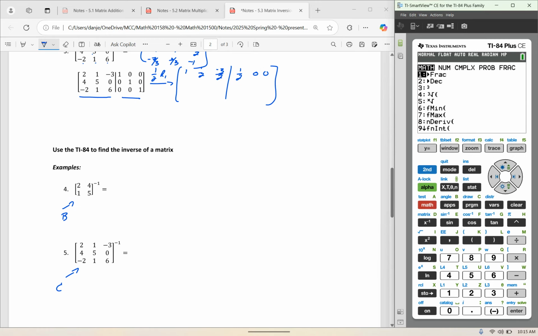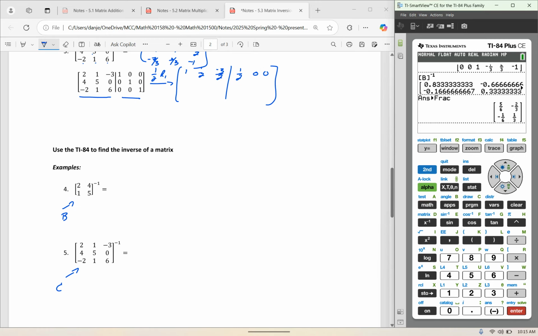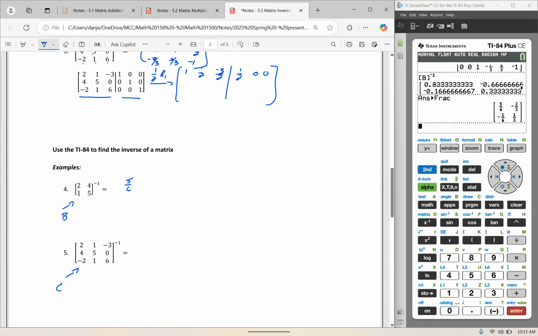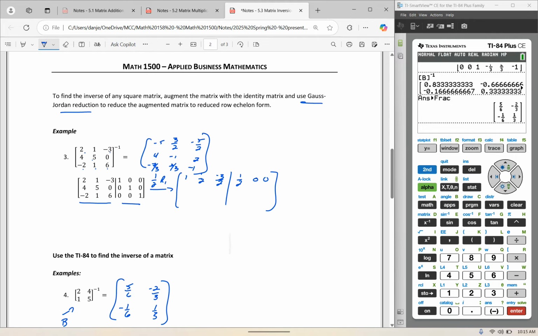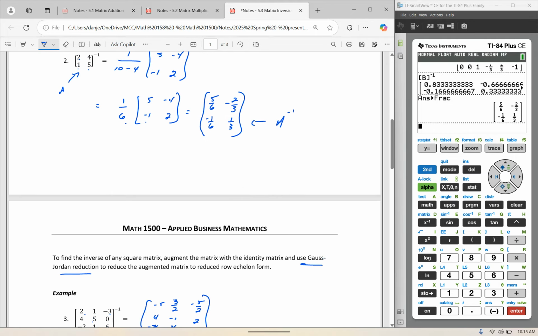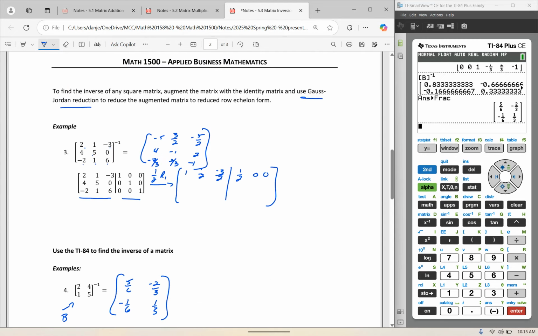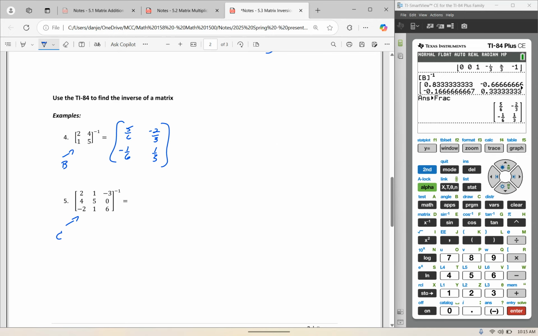Now I'm going to change that back to a fraction, and we have 5/6, negative 2/3, negative 1/6, 1/3. That's the inverse. Isn't that what we had up here? 5/6, negative 2/3, negative 1/6, 1/3. I can find the inverse of the matrix that way.